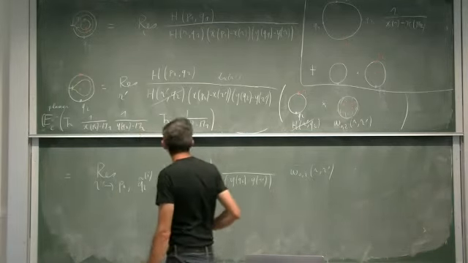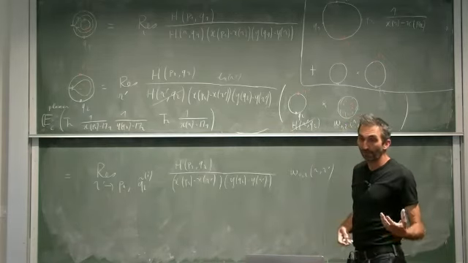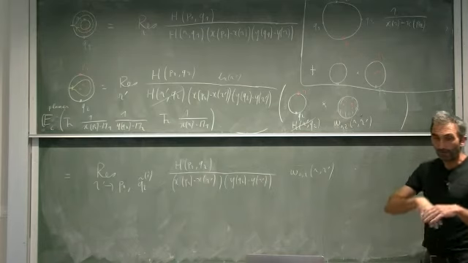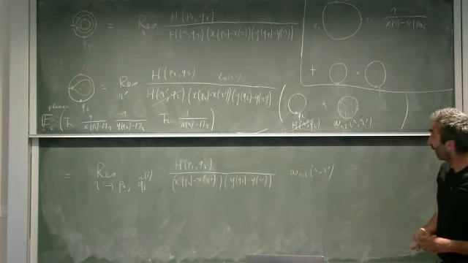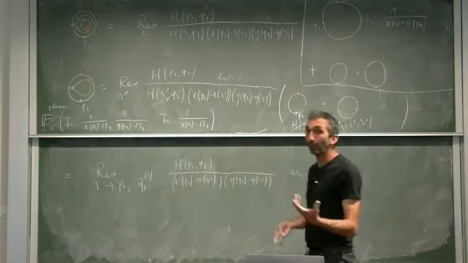Let me just make a remark. This is no longer like when we had only one boundary. We had only a product of H's, a polynomial in the H's.